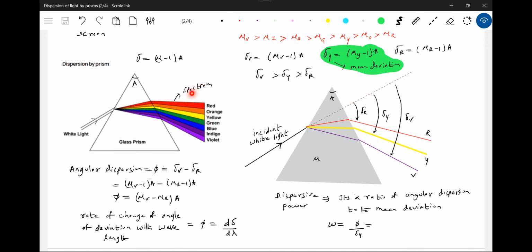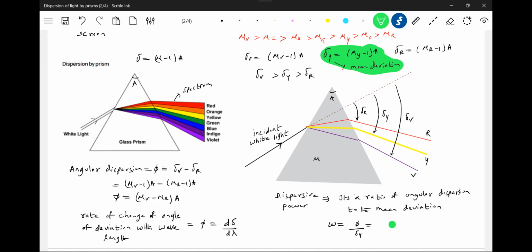How to measure the deviation of the dispersed light? The deviation suffered by yellow color light will be the reference for the spectrum. So if I ask you, what is the deviation of the resultant spectrum? The deviation suffered by yellow color light should be taken as the reference here.